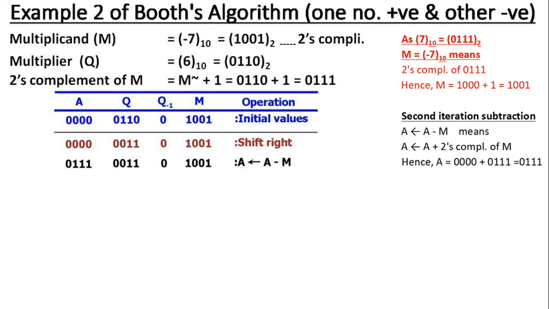So the concatenation of register A, Q, Q minus 1 is now to be shifted towards right by one bit arithmetically. So apply that concept of arithmetic shift right, ASR, and perform it on these 9 bits here, A, Q, Q minus 1. So straight away I will write that particular result.